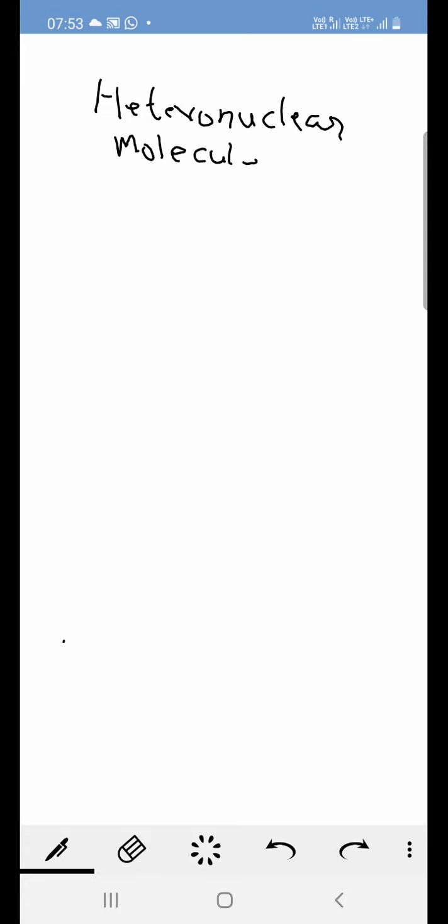However, in the case of a heteronuclear molecule, for example, you can think about carbon monoxide or HCl, etc. There is no center of symmetry, and odd-even classification of orbitals does not arise.